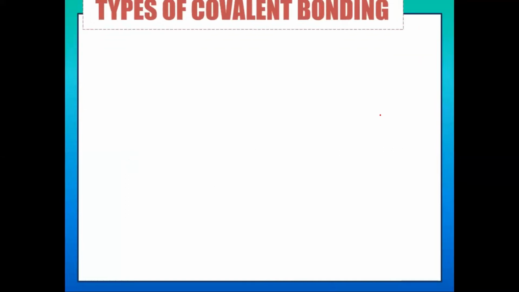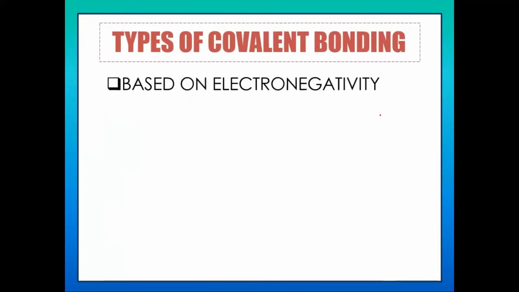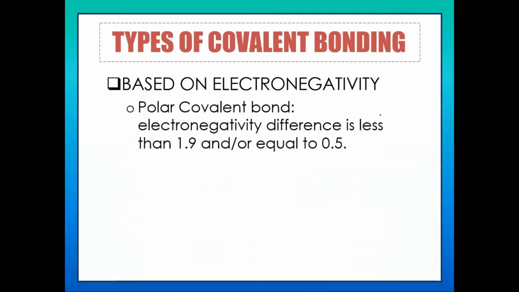Now, another thing that you have to be mindful of is the type of covalent bonding based on electronegativity. Electronegativity is not new to everyone. I mentioned that when we had our previous discussions. So you can tag the covalent compound as polar covalent bond if it shows values when you get the difference of electronegativity value of the elements involved in the compound.